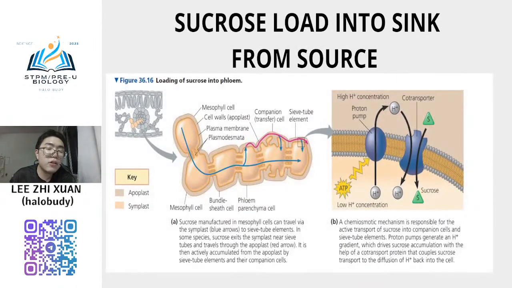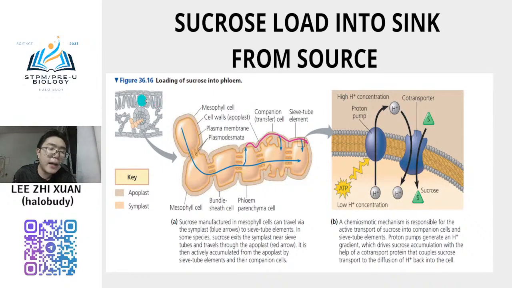We already know what the sugar source and sugar sink are. This diagram shows how the sucrose produced in the leaf is transported into the phloem tissue, the sieve tube. In the leaf tissue we have palisade mesophyll and spongy mesophyll, and both contain chloroplasts, especially palisade mesophyll.